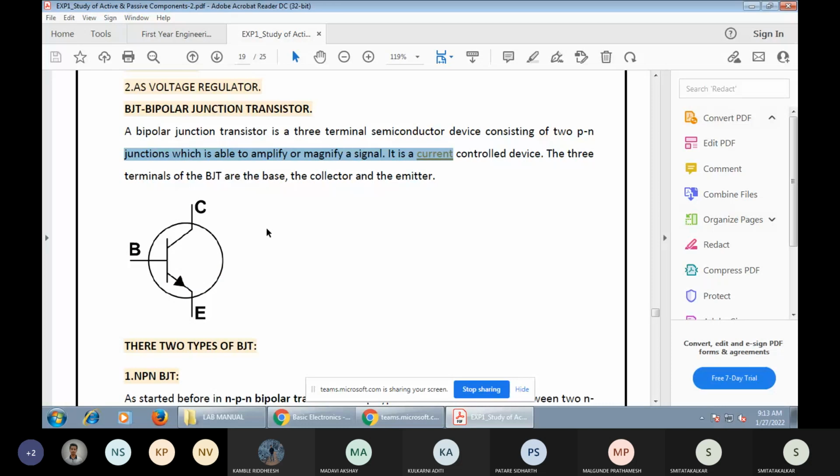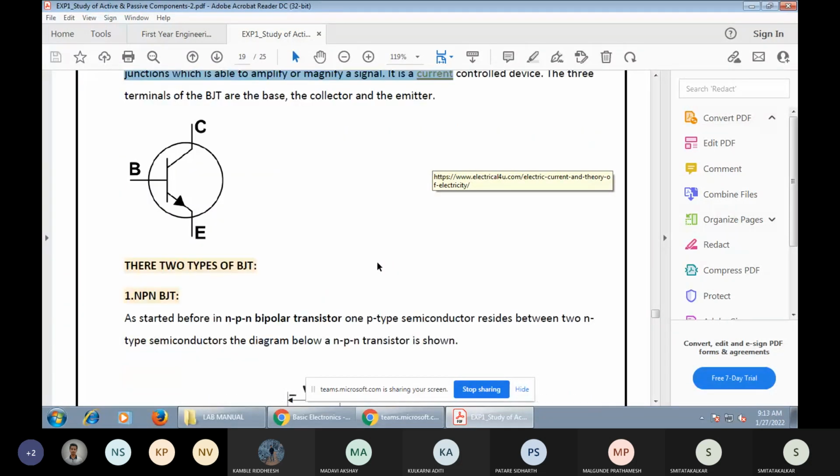The maximum amplification is possible in forward bias of the base to emitter terminal, and further amplification is possible at the base to collector junction. That's why maximum voltage is created in a three-terminal transistor, and the transistor is used to amplify the signal. It is a current control device because it controls the current.